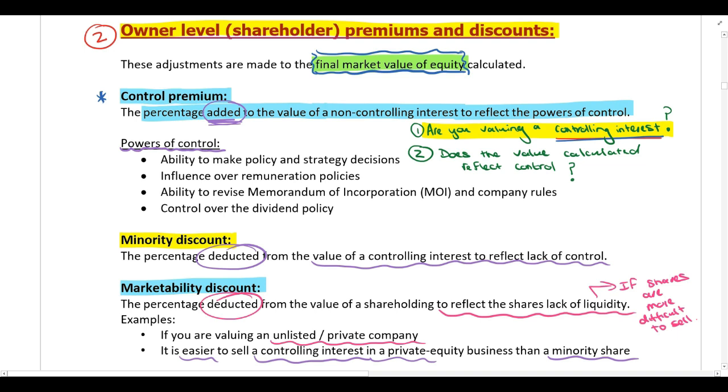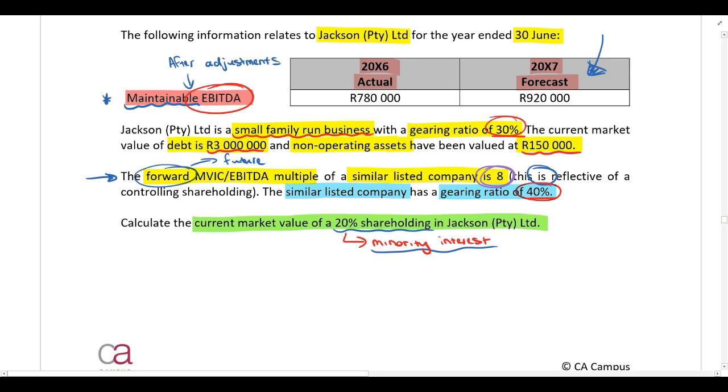Are we going to deduct a minority discount? We are valuing a minority interest, but first we need to check whether the value we calculated reflects control or not. Now, we were told above the similar listed company has a multiple of 8, and this is reflective of a controlling shareholding.